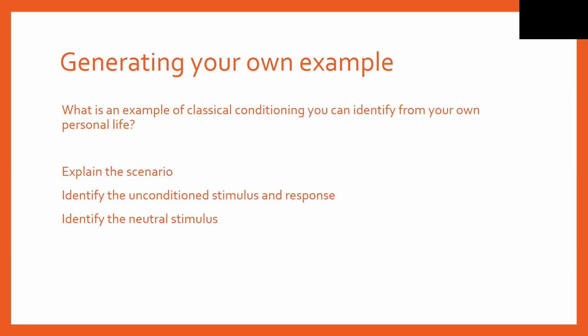What is the stimulus that didn't initially or automatically cause that reaction or behavior, but that does now or will soon? Then identify the resulting conditioned stimulus and conditioned response. Remember, these are the easiest two to identify because the conditioned response is the same thing as the unconditioned response, and the conditioned stimulus is the same thing as the neutral stimulus, assuming classical conditioning took place.